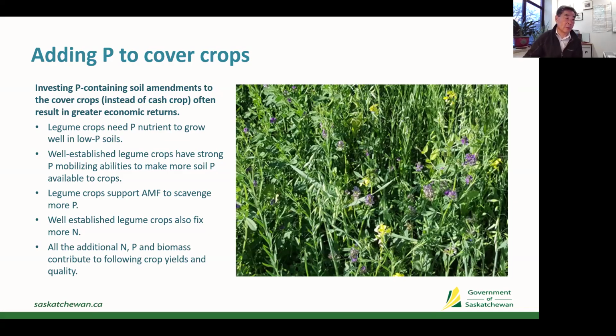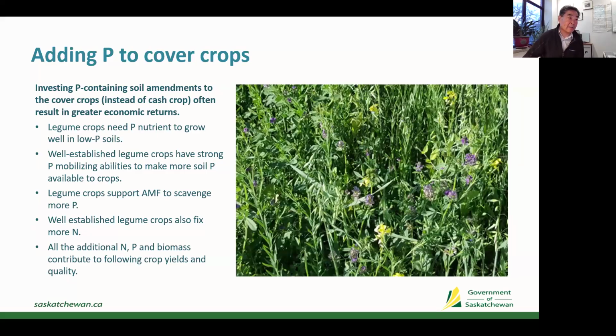And sometimes, when they acidify the soil, the companion crop, like cereal crops, would be able to absorb that P as well. So your cover crop would really make a difference if you apply the available P to grow these cover crops. Another thing is that a well-established legume crop would also fix more nitrogen and share it with its companion crops.